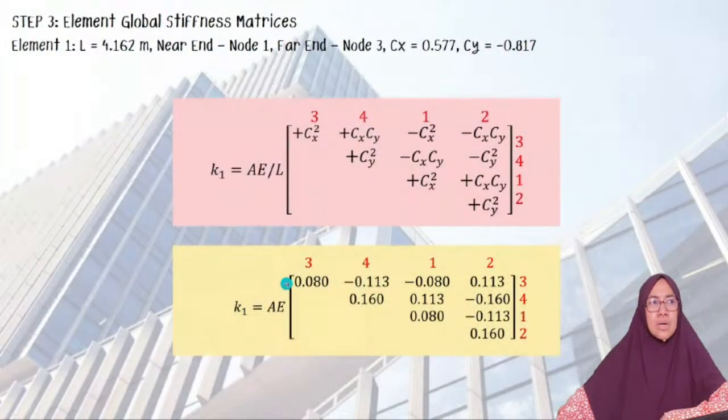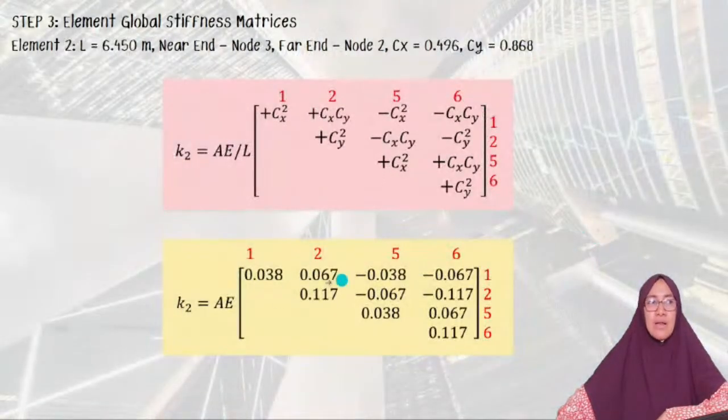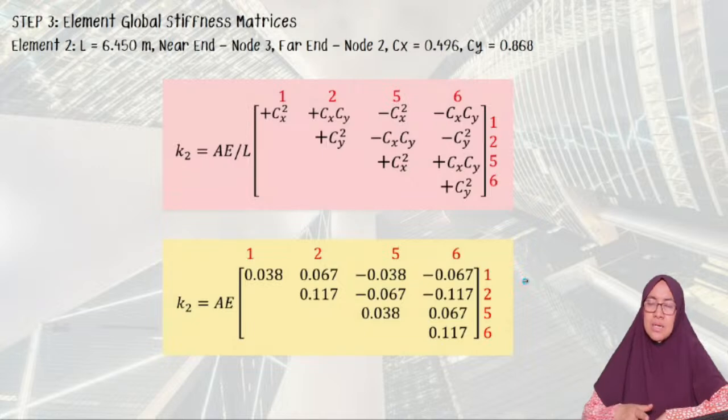So K1 is labeled 3412, and K2 is labeled 1256, near to far.